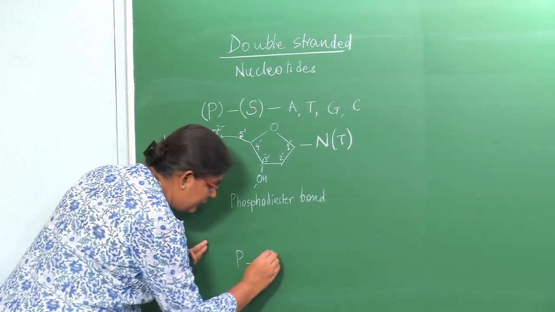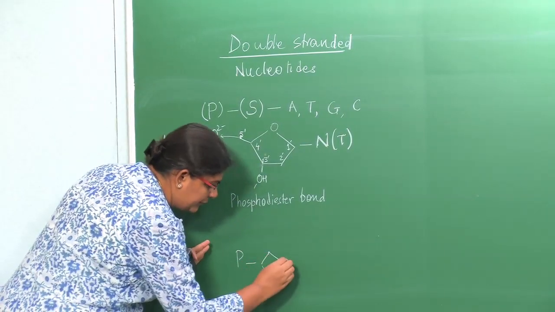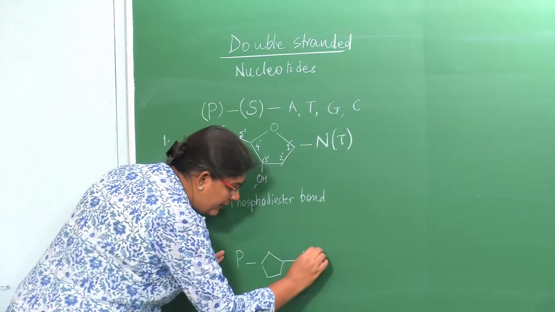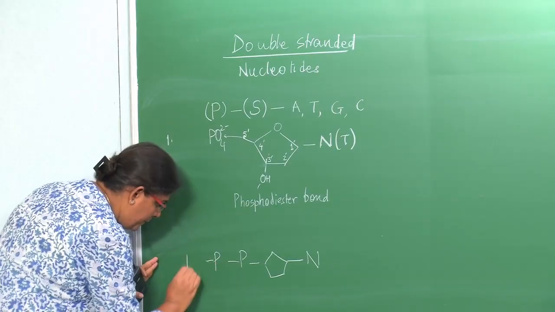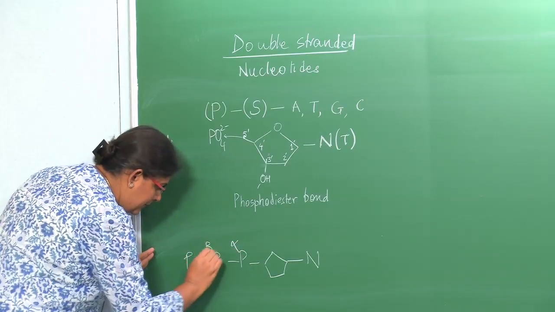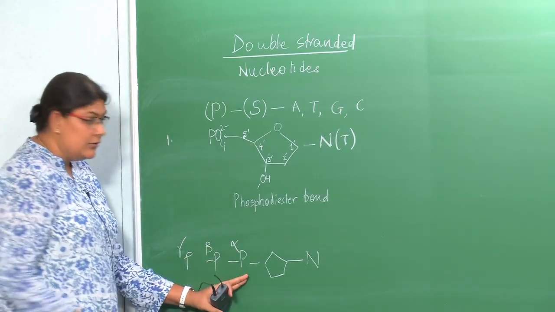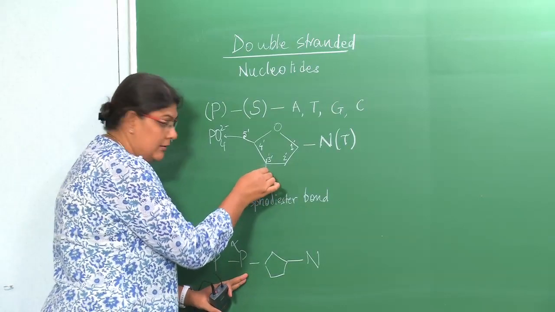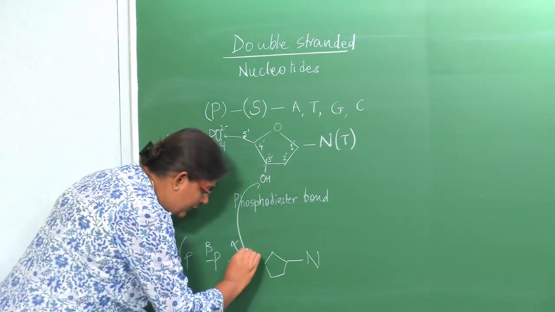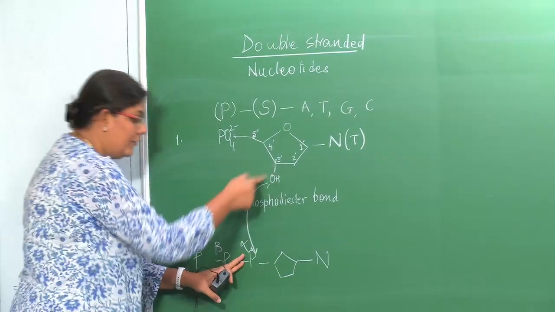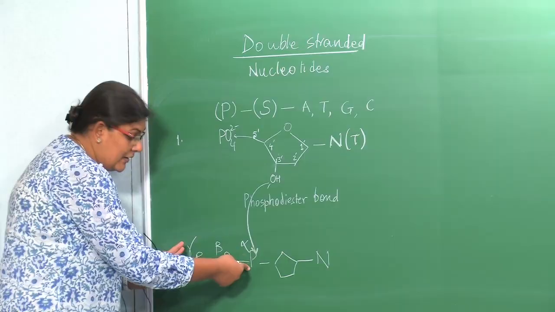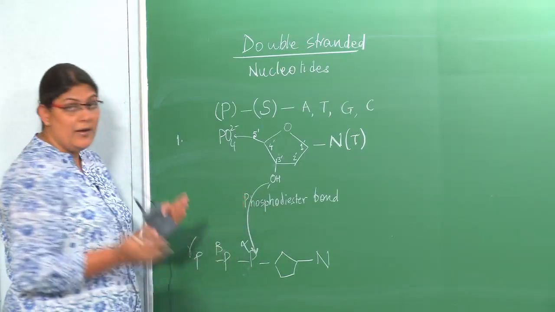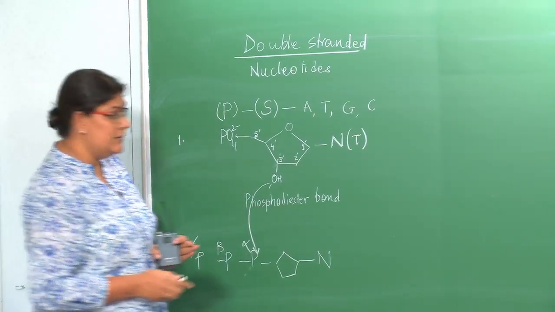This 3' hydroxyl in the pentose sugar will form the phosphodiester bond with the next incoming nucleotide, which again will have its own pentose sugar, its own nitrogenous base and alpha, beta and gamma phosphates. So, this 3' hydroxyl is going to have a nucleophilic attack on the alpha phosphate, and hence you get the first phosphodiester bond formed.